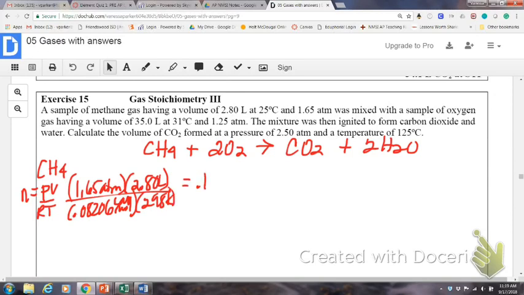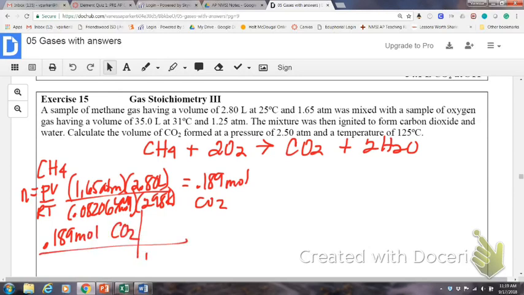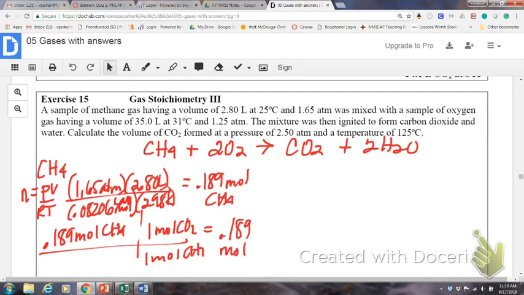That's going to give us 0.189 moles of CH4. I'm sorry, not CO2, CH4. That will really confuse you. I am so sorry. It's a 1-to-1 ratio, so 1 mole of CH4 gives me 1 mole of CO2. So 0.189 moles of CO2 is how much I can make from the methane.